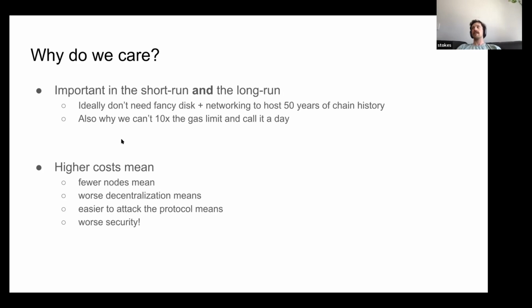And that's the issue: the more sophisticated the hardware requirements are, the harder it is to run a node, which means fewer people will do it. And this is what I was calling out in this bottom bullet point: with higher cost, you end up with less decentralization, simply because fewer people are running nodes. And that's where Ethereum gets its power, and that's where a lot of the potential comes from.